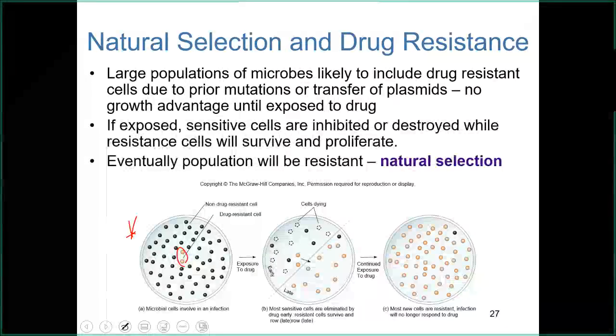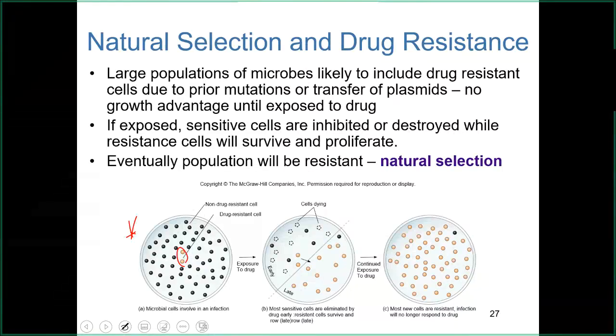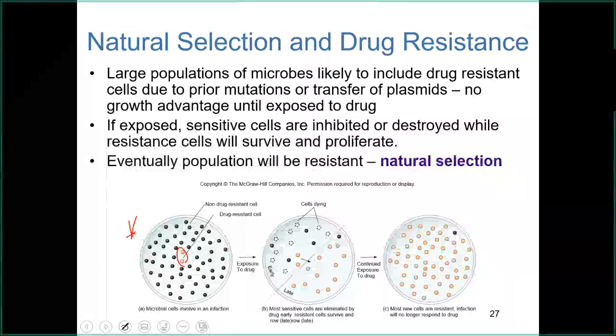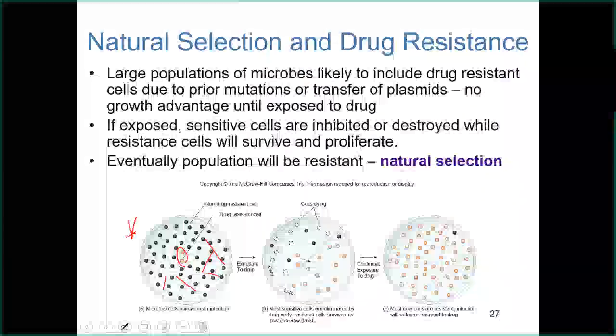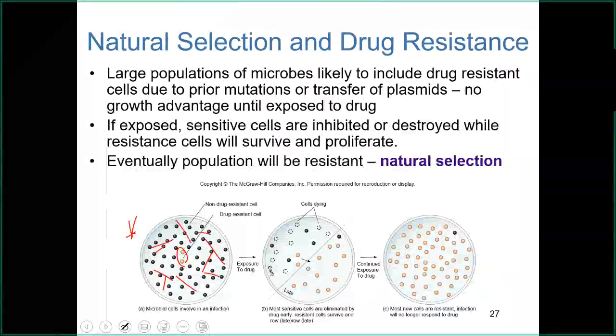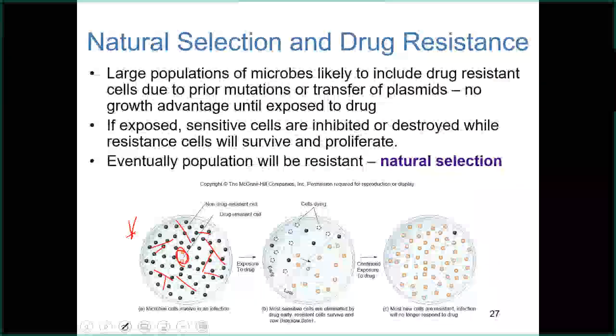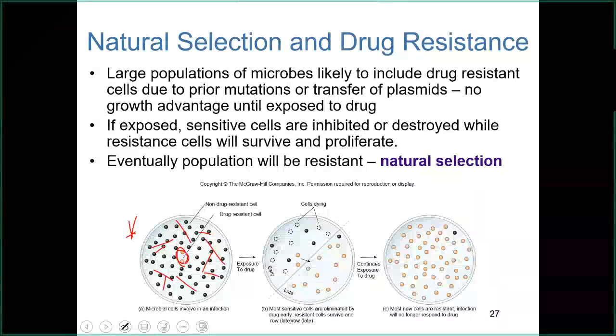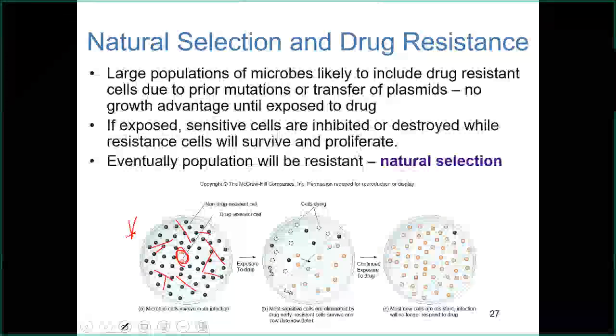Normally their numbers are really low because there's no reason for them to be all that common. But if you then expose that population to the drug, you wipe out most of the cells, boom, boom, they all go away. And who do you have left? Those two little guys there that were off by their lonesome, and there were hardly any of them. Guess what? Conditions are such now that they can reproduce. They're the survivors, and this is what you get.